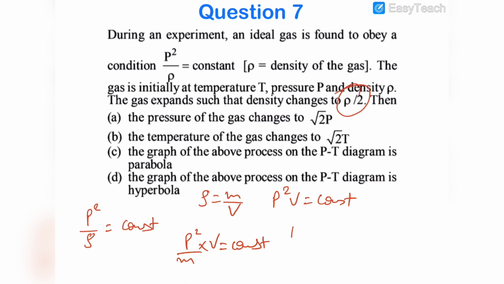So in P square V, the initial pressure is P obviously, and the final is, let's suppose, P final, and the volume is twice, 2V, so P final will be equal to P divided by root 2. So option A is wrong. The temperature of the gas. Now let us talk about the temperature.